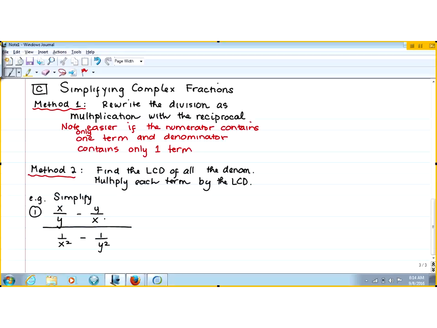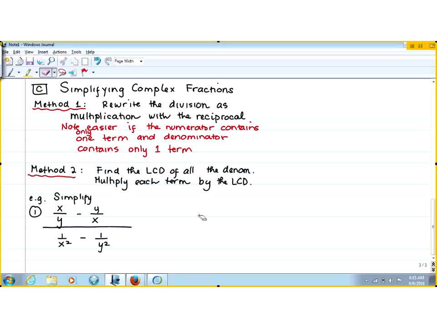So when is method 1 easier? When you have one term on top and one term on the bottom. So for example, if I have a over b divided by b squared over c, this is one term on top, one term on the bottom, then we could use method 1. Here I have 2 terms on top. I cannot use method 1. Well, I can, but it's harder.